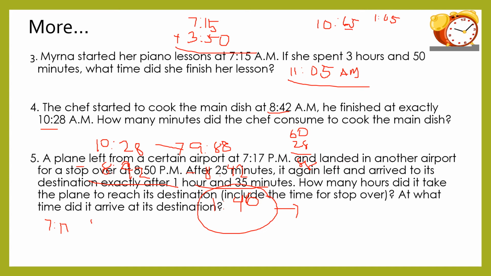So 8:50 minus 7:15. So we have 3, 4 minus 1 is 3, 1. So that is 1 hour and 35 minutes.